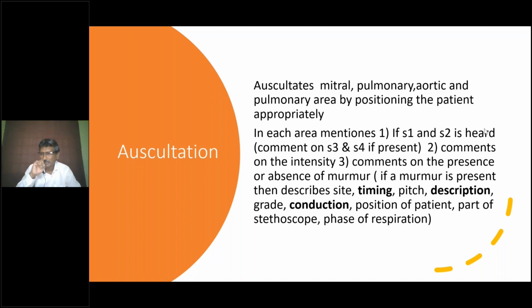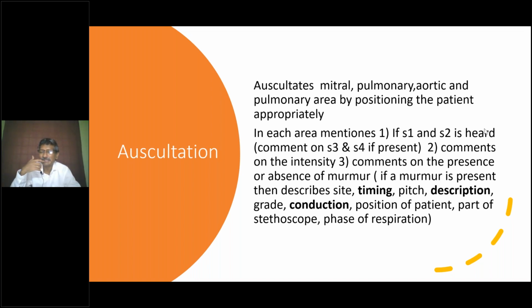Okay. Now, aortic regurgitation murmur, where does it conduct? Especially in the left third intercostal space. Aortic regurgitation murmur. Regurgitation goes from the arch of the aorta into the left ventricle.